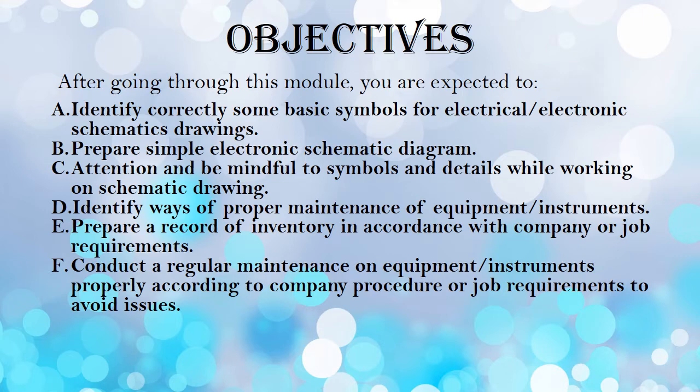D. Identify ways of proper maintenance of equipment or instruments. E. Prepare a record of inventory in accordance with company or job requirements. And last, F. Conduct regular maintenance on equipment or instruments properly according to company procedure or job requirements to avoid issues.